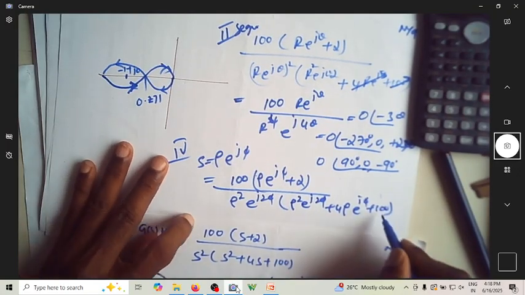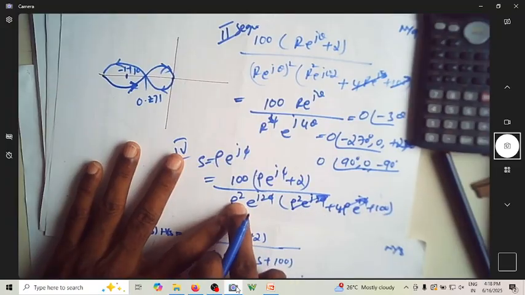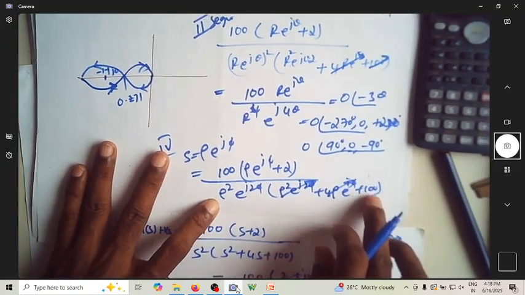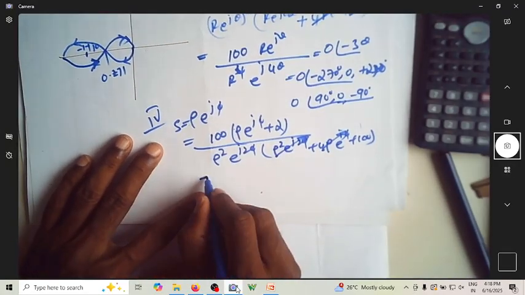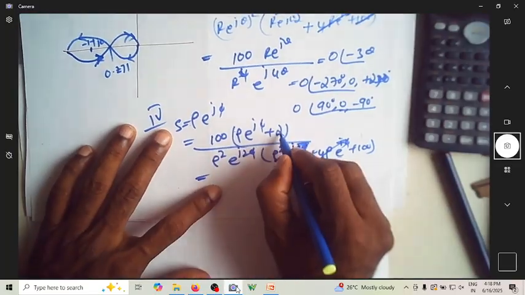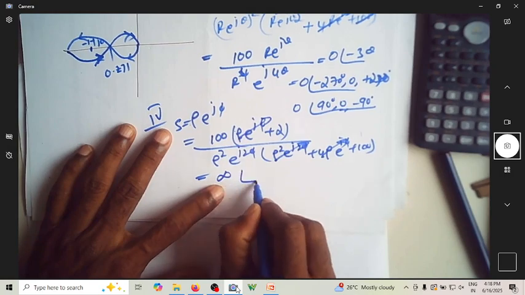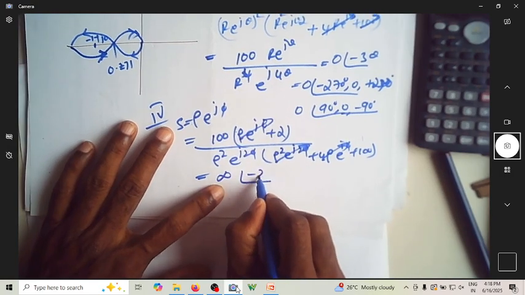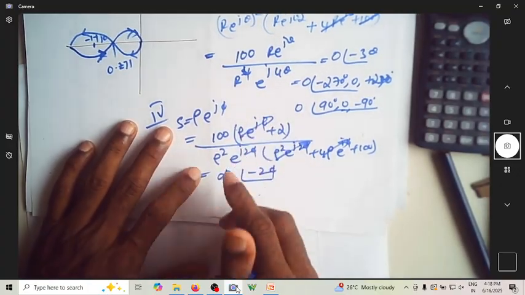And rho is tending to 0, so these will tend to 0. The 100 multiplied with 0 becomes negligible. You see now it is infinity at an angle minus 2 phi.